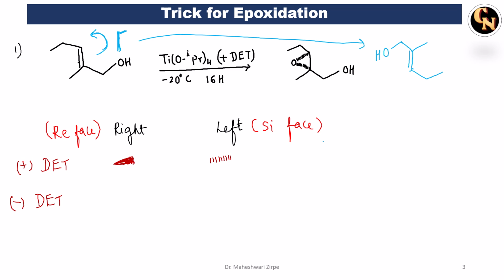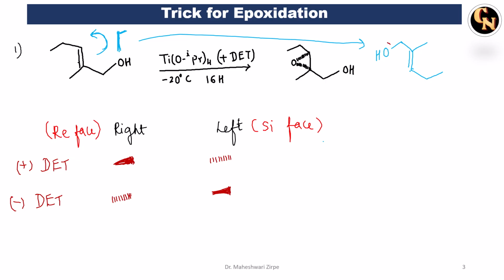Okay, plus, this is minus. So this is a simple trick which you are going to remember: after turning it on the top, the allylic OH group, which side it is going to be on, that you have to find out.